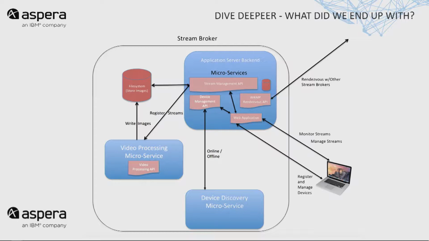So that's the API to talk to the stream tool, whatever's creating that stream, whatever's sending that stream, the transport. We've got some WAMP to discover the other stream brokers, device management API, the web application. Obviously, you want a web application so you can manage it through the UI. That's the key part.